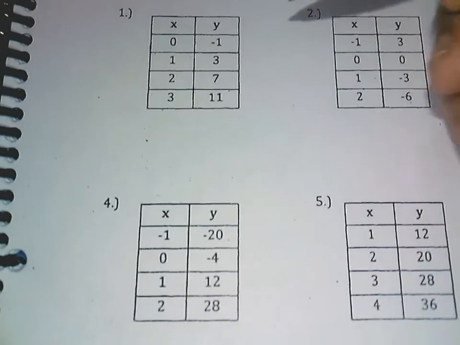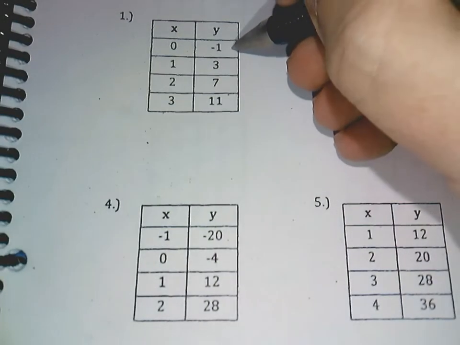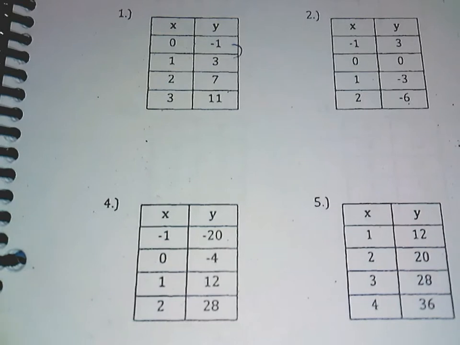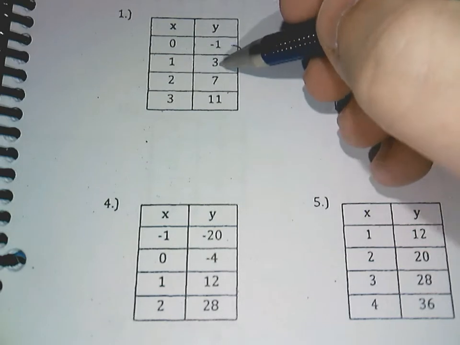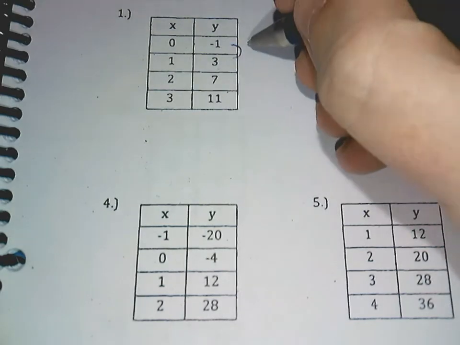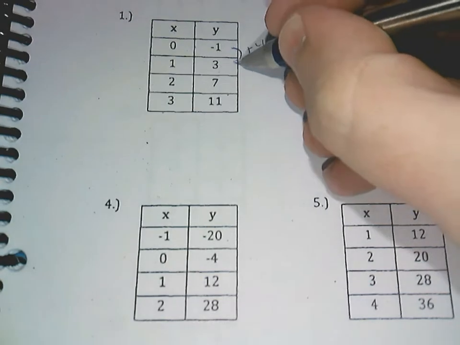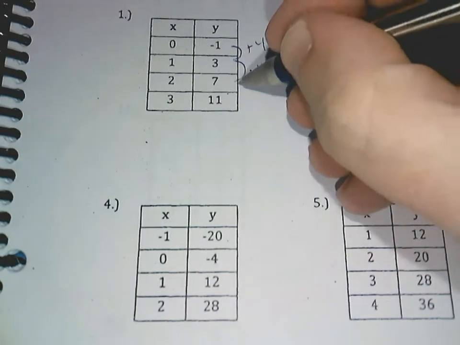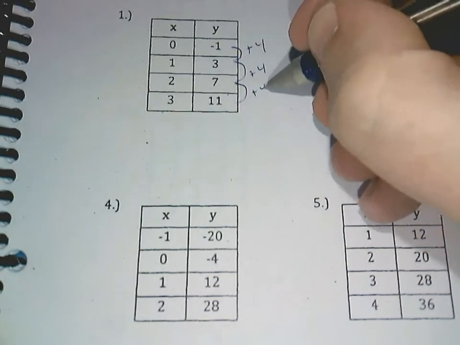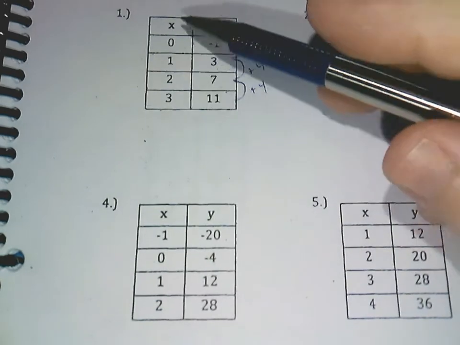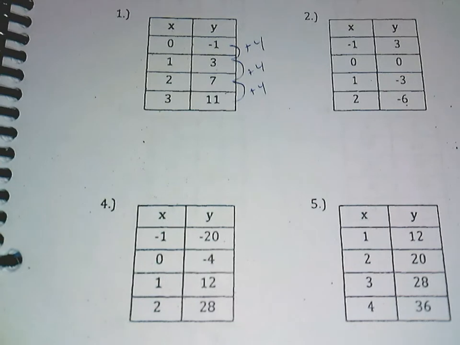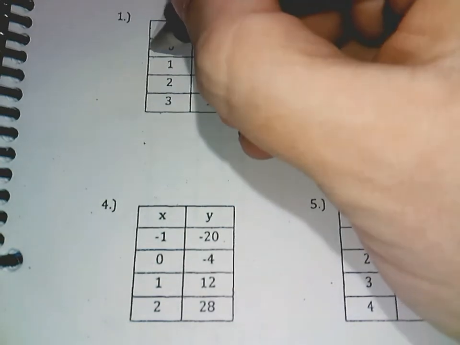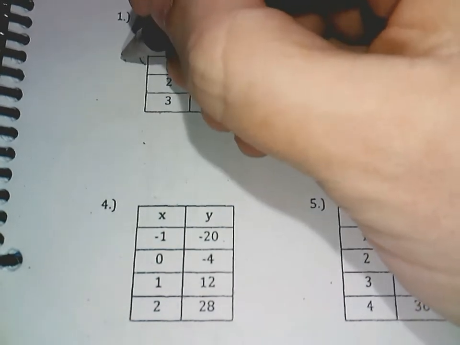So if we come down here, we look at the first one, we have -1 and 3. What do we change from -1 to 3? Well, 3 is 4 higher, so we added 4. What about 3 to 7? We added 4. 7 to 11, we added 4. So we're adding 4 each time for the y. And then our change in x, from 0 to 1, we added 1.